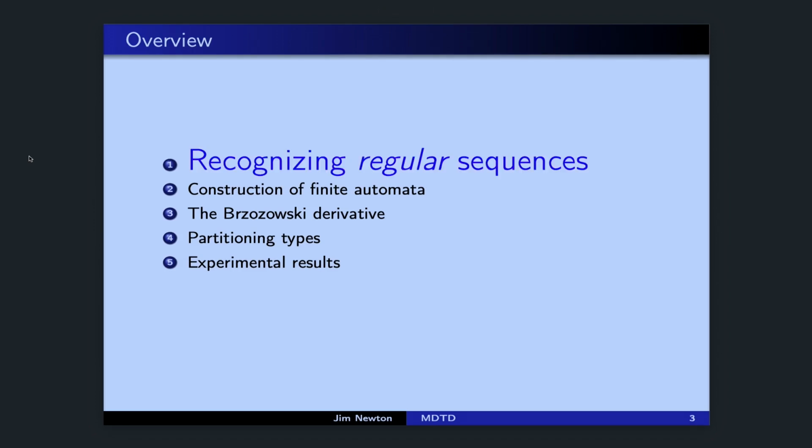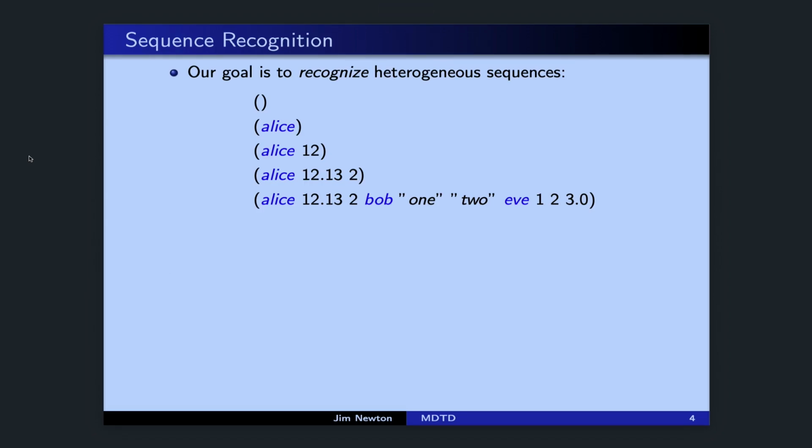Okay, what do I mean by regular sequences? So when you look at this sequence, what we have is a symbol followed by some numbers, or a symbol followed by some strings, and then these subsequences concatenated together 0 or more times. So exactly what type of sequences are we talking about?